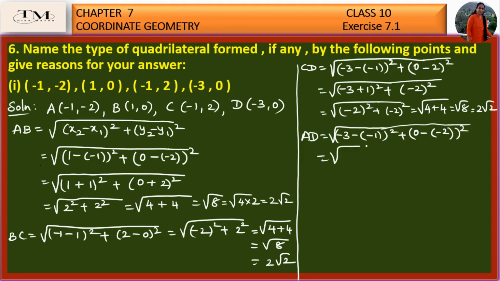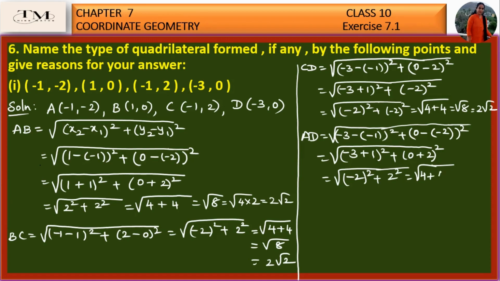So you will get minus 3, minus into minus is plus, so plus 1 whole square plus 0, minus into minus is plus 2 whole square. So minus 3 plus 1 is minus 2, so we will get minus 2 whole square plus, what is 0 plus 2? 0 plus 2 is 2 square. So minus 2 whole square is 4 plus 2 square is 4, which is equal to root 8, which is equal to 2 root 2. So we found AB is equal to BC is equal to CD is equal to AD. Okay, so all are 2 root 2.